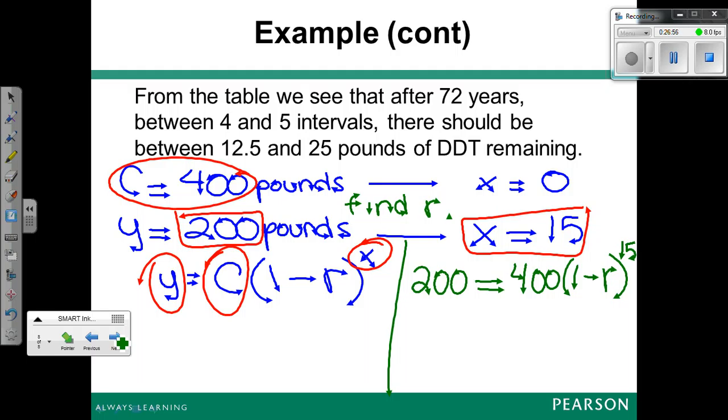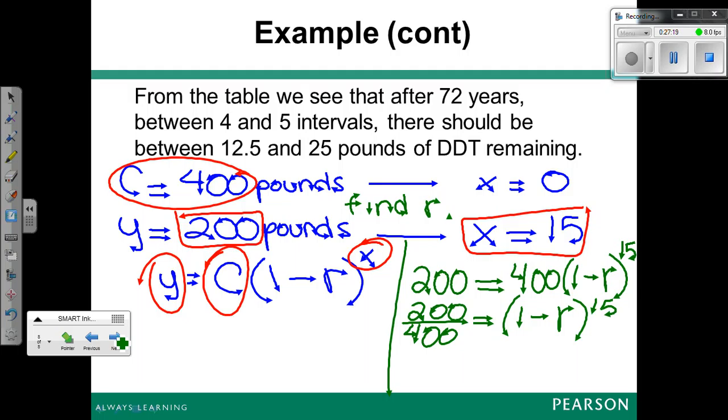So let's see what we can do. If we just consider everything in parentheses and the 400, what's the 400 doing to the stuff in parentheses? Multiply. So we have to divide, because that's the inverse operation. So we do that, and of course you already know what we're going to get.